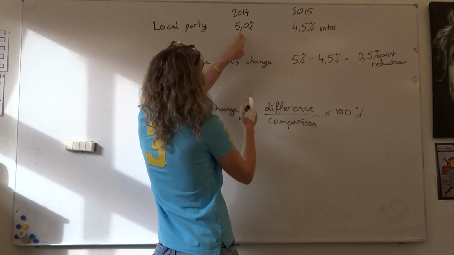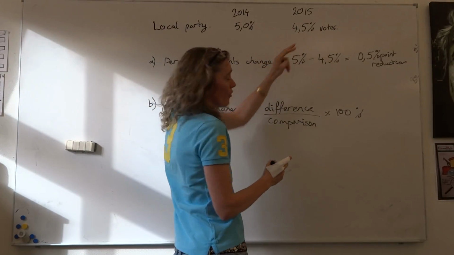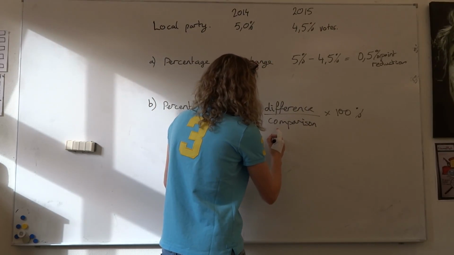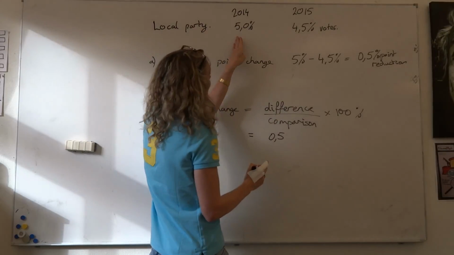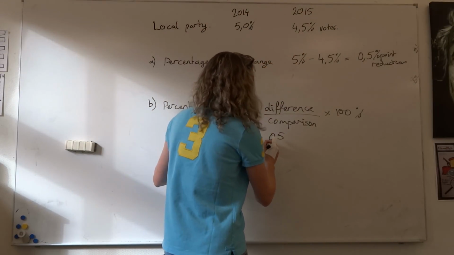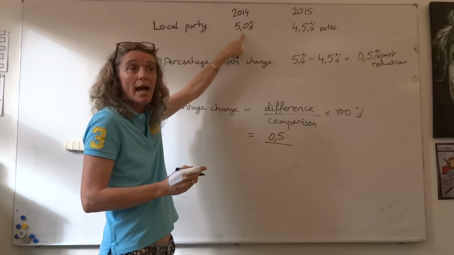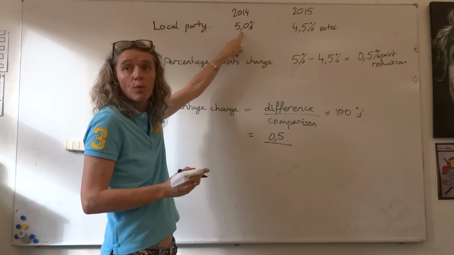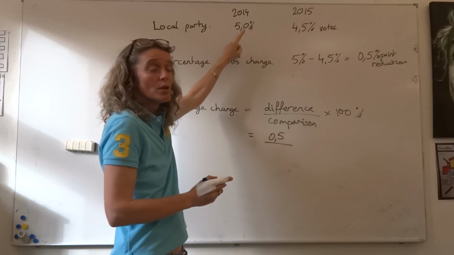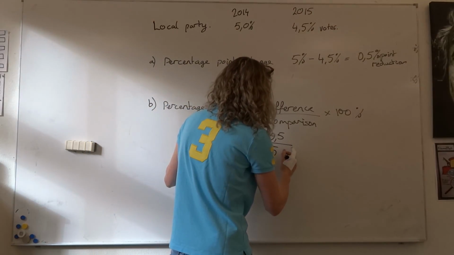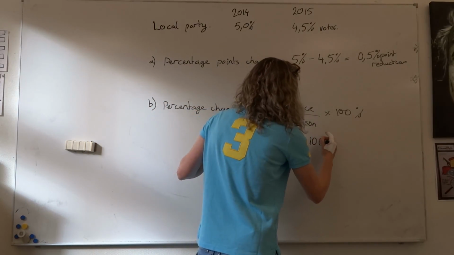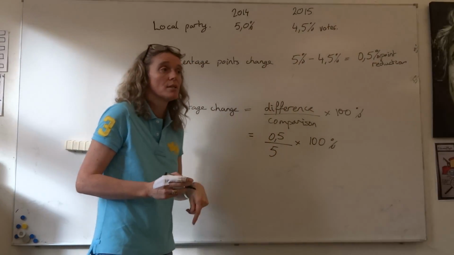So the difference between 5% and 4.5% is going to be 0.5%. That's 5 minus 4.5, divided by the one we're comparing with. Well, we're looking at how much of a reduction it had, so the 5% is the one that goes on the bottom. We have 5 on the bottom, and then multiply by 100 to change it into percent.